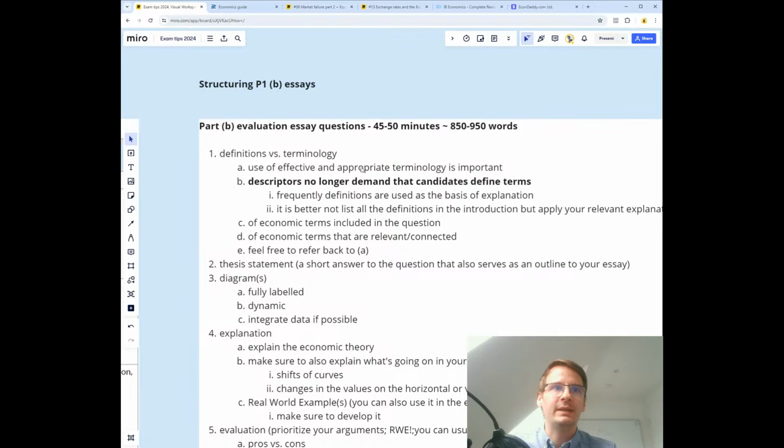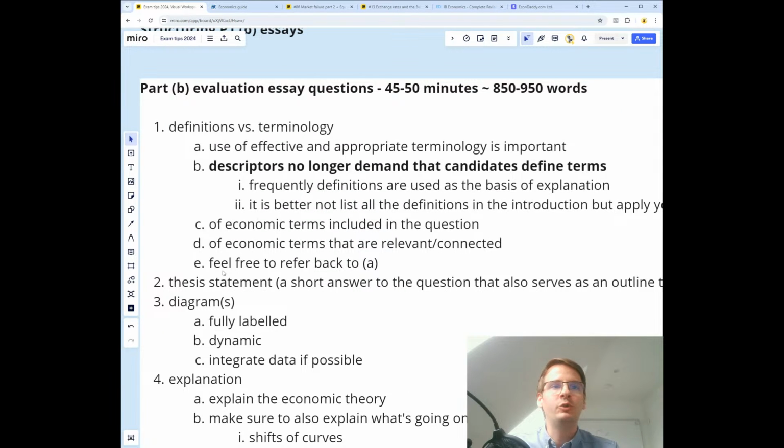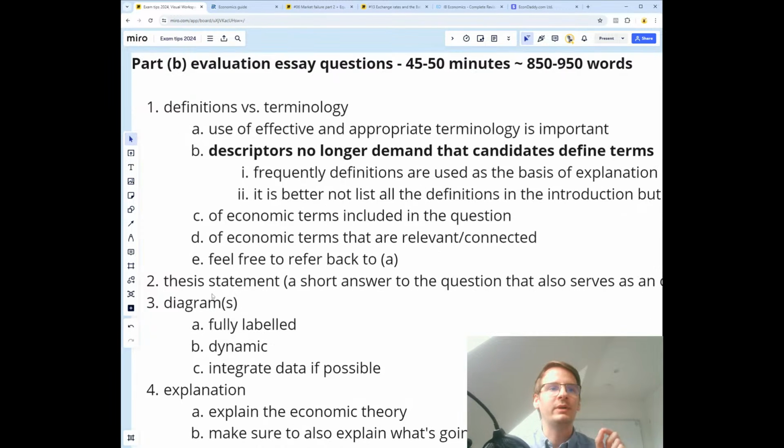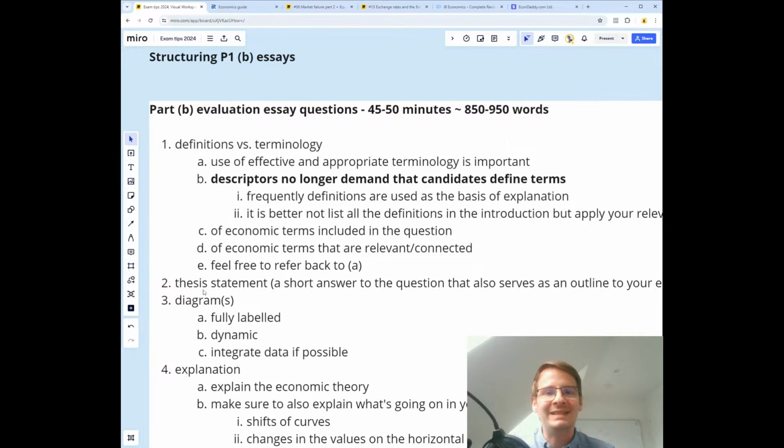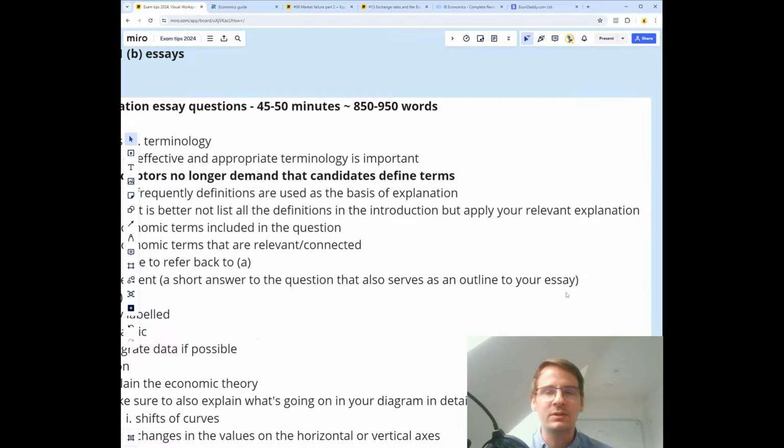But for part B, do take the time to write it out completely. The first part should be an introduction in which you should refer back to A. It's going to be the same examiner marking your part B as the one who marked the part A. So of course you can refer back to the definitions or diagrams that you've already explained in part A. Don't waste the time with that. But also, very importantly, in your intro, make sure you have a thesis statement. The thesis is a short answer to the question, which also serves as an outline to your essay.